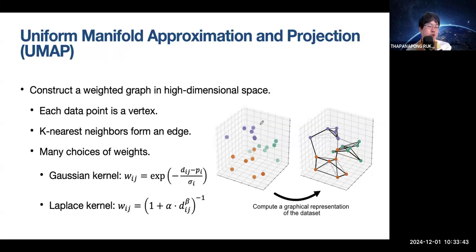Now the last method for today is uniform manifold approximation and projection, UMAP. This algorithm is a graph-based algorithm. What they did is that each data point is a vertex in the graph. Right? So we have a graph in computer science.